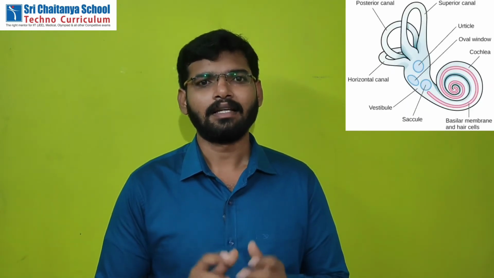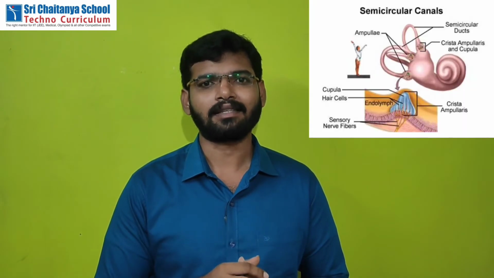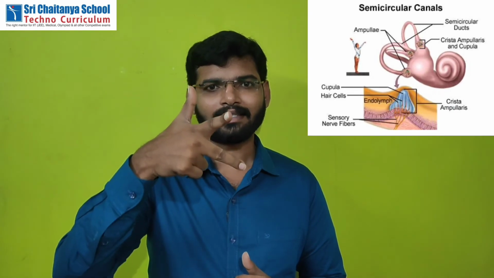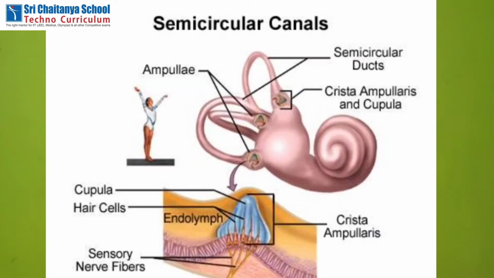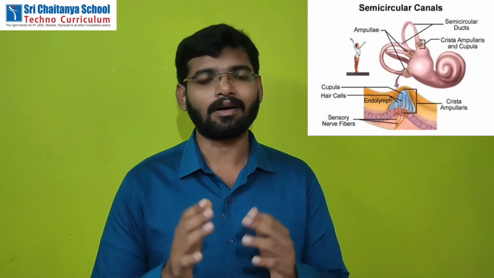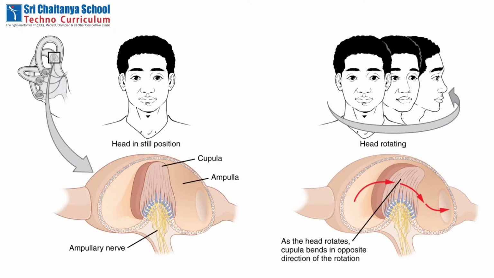Let us see them one by one in detail. There are three semicircular canals which are filled with endolymph and they are connected to the vestibule perpendicular to each other, like the XYZ axis. These semicircular canals help to perceive or sense angular acceleration, that means rotation of the body.